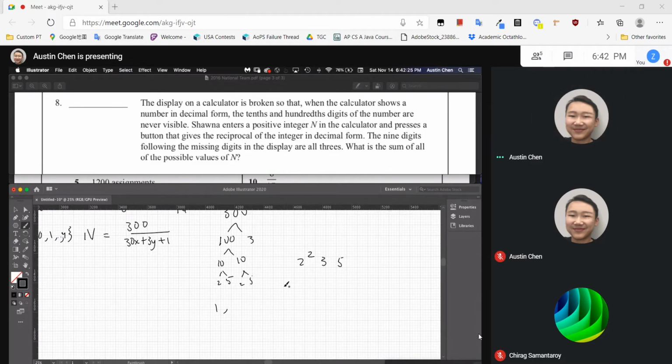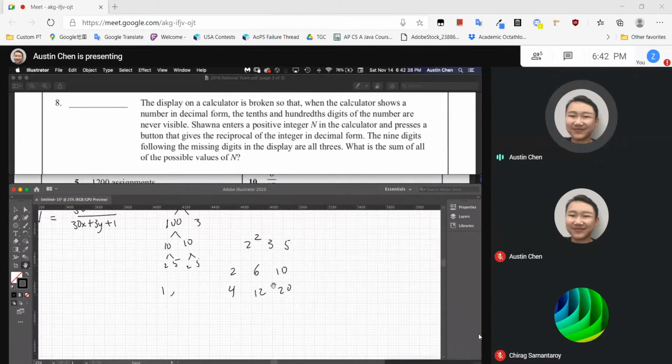So we're gonna have 2, 4, 6, 10, and then 12 and 20, right? So those are the ones with 2, and then we're gonna have 3. Oh, whoops, there should be a 5 squared there. So we're also gonna have 2 and 5 squared, which is 50. 4 and 5 squared, which is 100. 2, 3, and 5, which is 30.